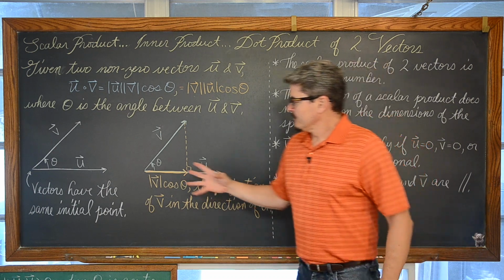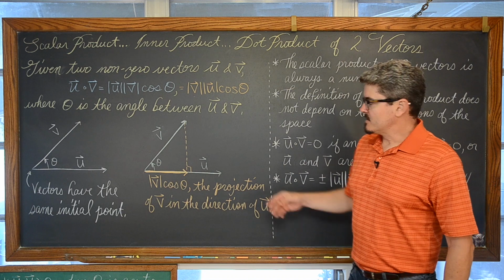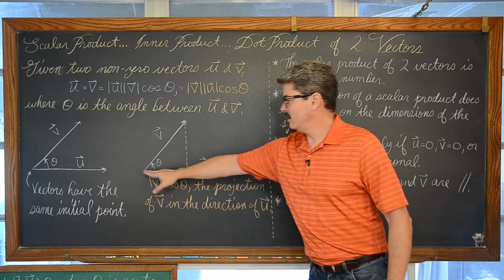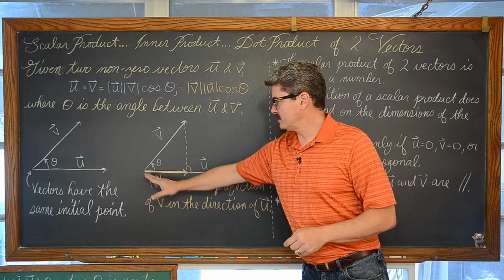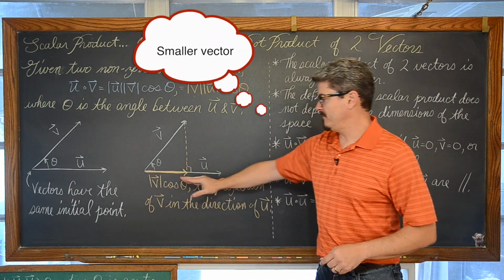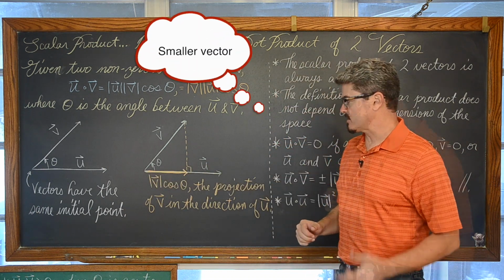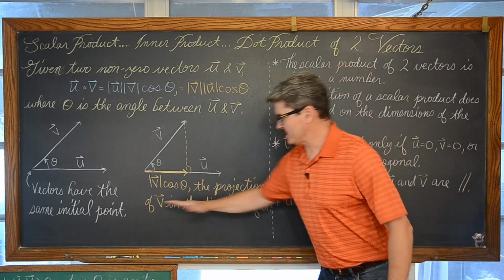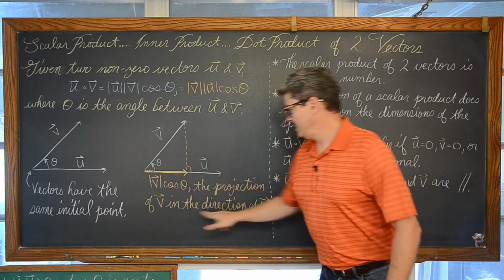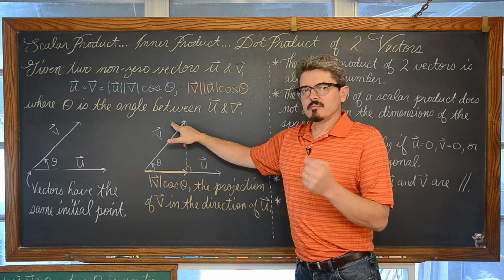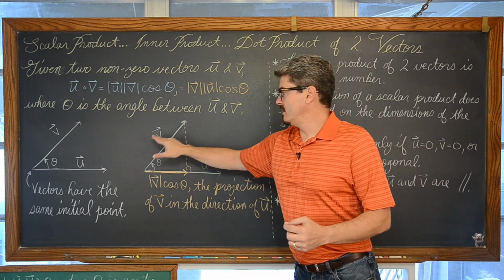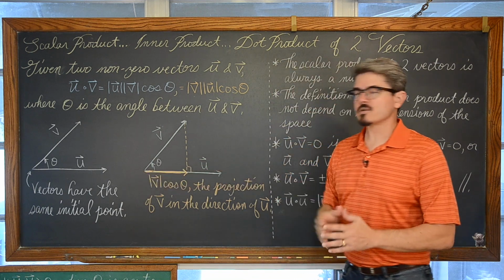Your textbook probably has these 2 vectors drawn out in a diagram with the same initial point, but there's a smaller ray that's called a projection. This is called a projection of vector v in the direction of u. It's the component vector of v that goes along the direction of vector u.